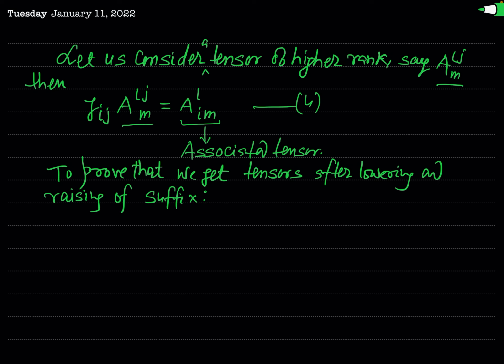So let us consider that we have to write equation 1 in a coordinate system where the independent variables are x prime mu.